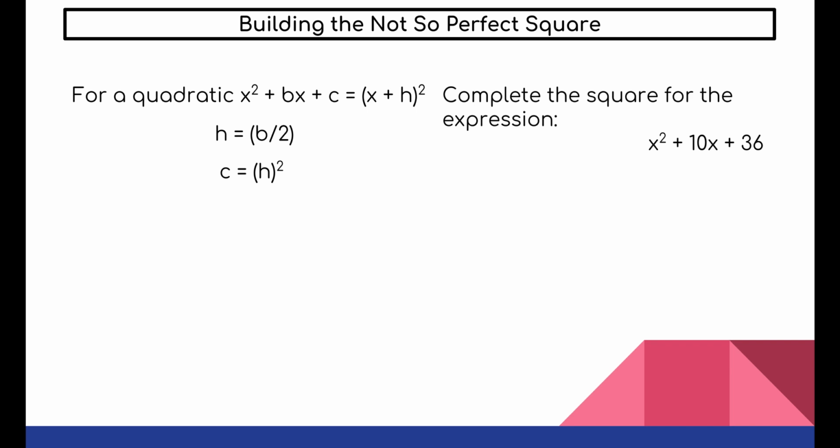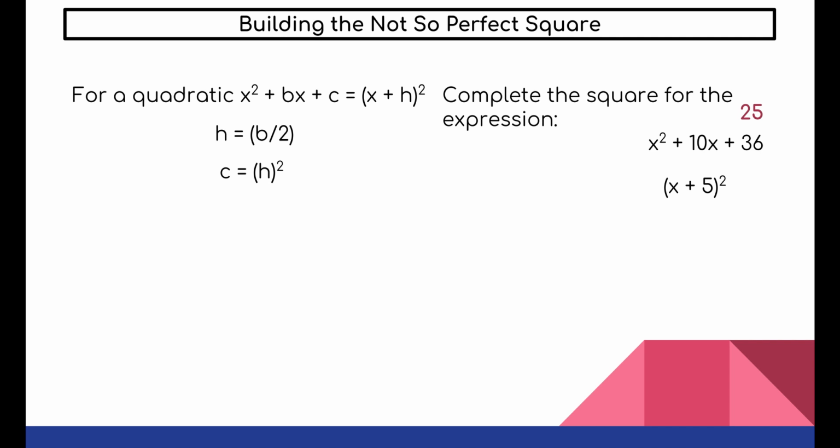So we're going to look at this expression, x squared plus 10x plus 36. Well, the first thing we'd want to know is what should be in our parentheses. What should be in our parentheses is half of 10, 5. So we should be looking at the square of x plus 5. The problem is that when we do 5 squared, we don't get 36, we get 25.